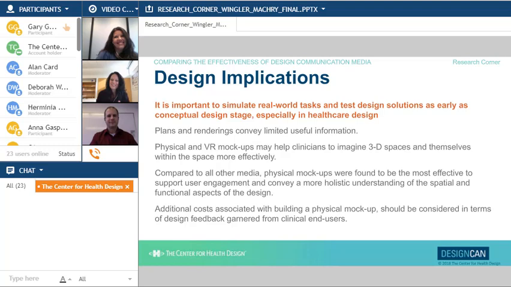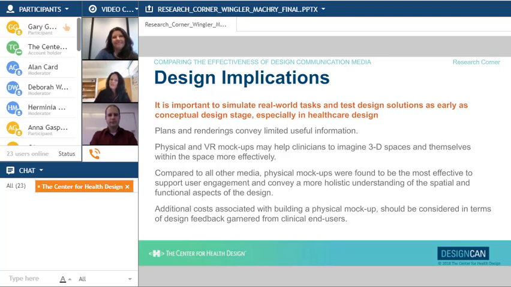So I think that's something to really keep in mind. And because of that, I think it really leads to the discussion about how we value using a physical mock-up. I think this would suggest that the physical mock-up is still one of the most valuable ways for garnering design feedback from clinical end users, and for garnering different types of feedback from them.